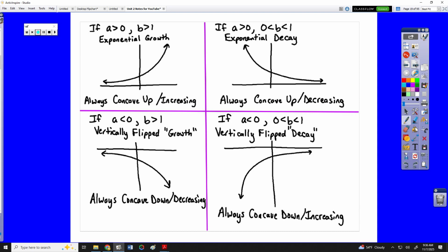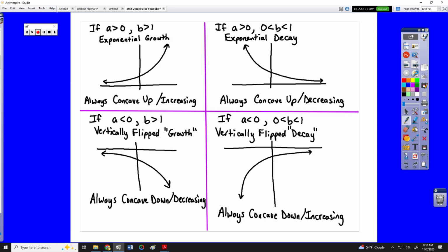Now, there is a possibility that we could be dealing with math problems that are not super real world, in which case we could have a negative a value, because the only restriction on a was that it can't equal 0. So if a is a negative value, we know from Unit 1 that it has been reflected across the x-axis. So there are two situations where that could happen.